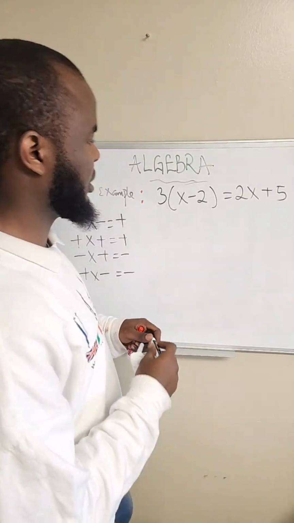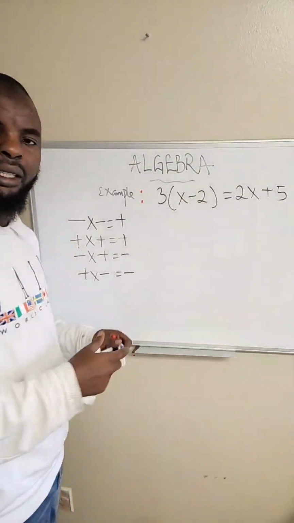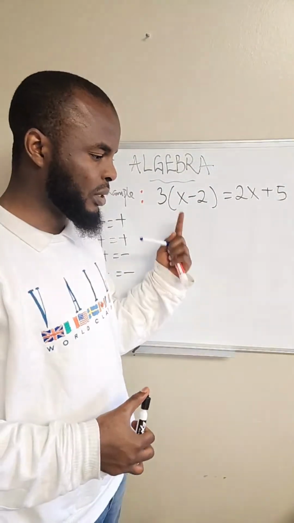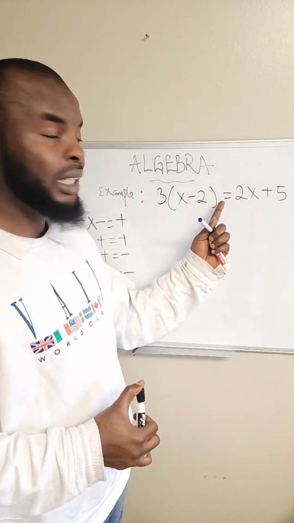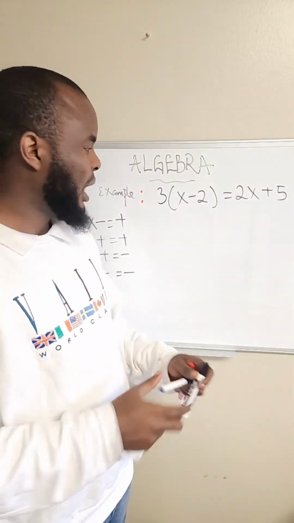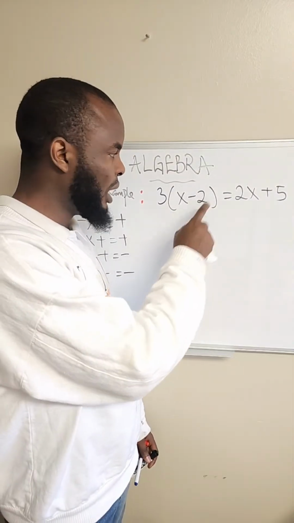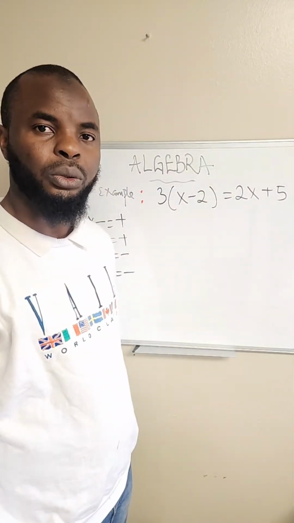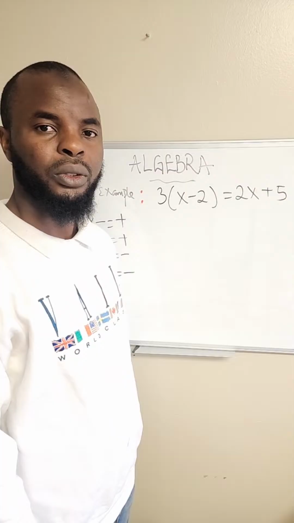This is what we've got. You can see the difference here is that we are having the equation sign. We have the parentheses, the brackets, and we have the equation. What is the first thing for us to do?